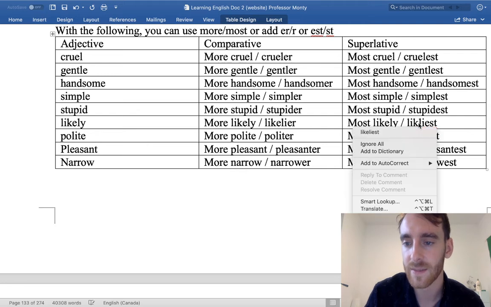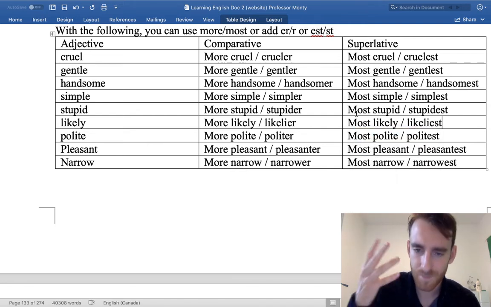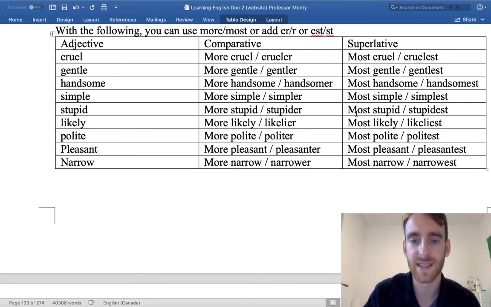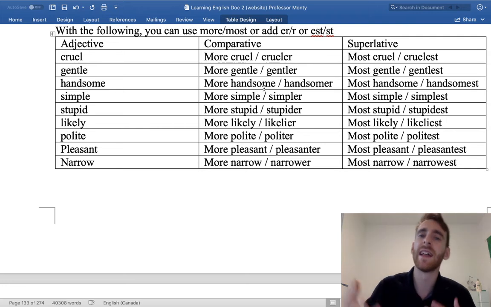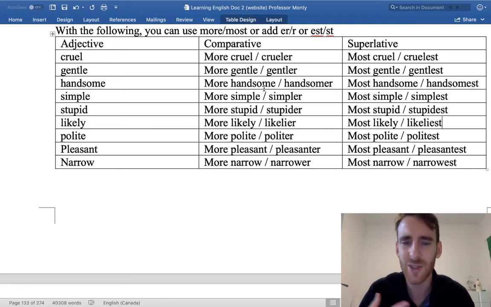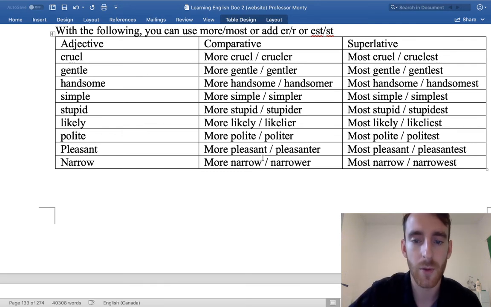Okay, this is misspelled, likeliest. Yeah, whichever ones you like best, you can choose which one you like to use. It can be more gentle or gentler, right? It's more simple or simpler. So I gave you simple above, but a lot of people now are saying more simple. Some people say that's wrong, but language changes, okay? So these ones are fine to use both.